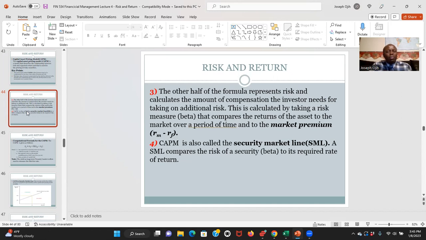Now, this is another important thing we need to know about the capital asset pricing model. Another name for it is the security market line.